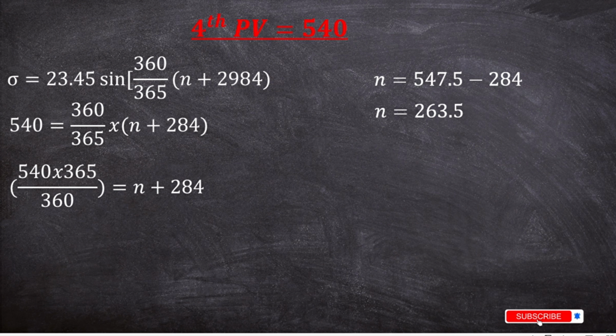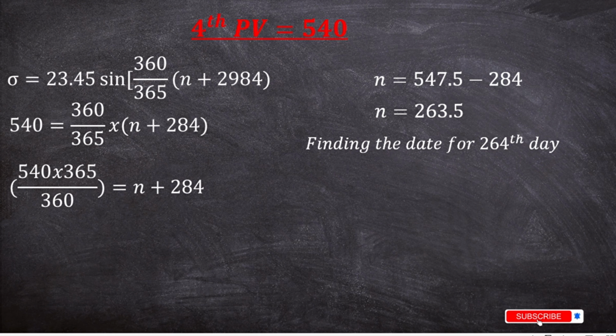As we know, 0.5 day is a half day, we are already into that day, so we may round off to make it 264. Now finding the date for the 264th day.